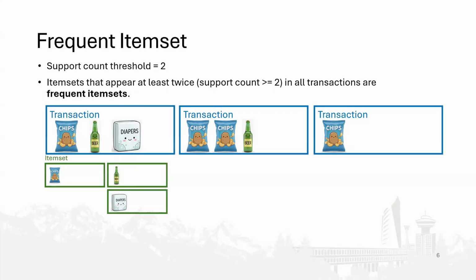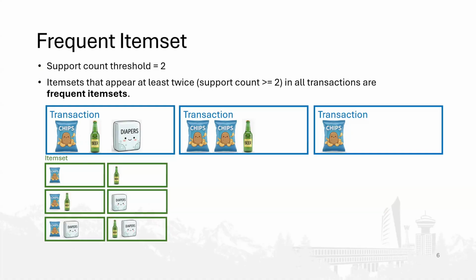Now we can try to identify 2-item sets, where each set contains a pair of different items. We can have chips and beer, and then we can also have chips and diaper. That is the second 2-item set that we can identify.